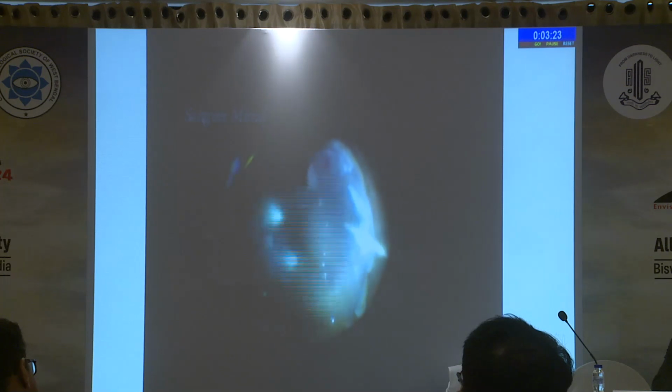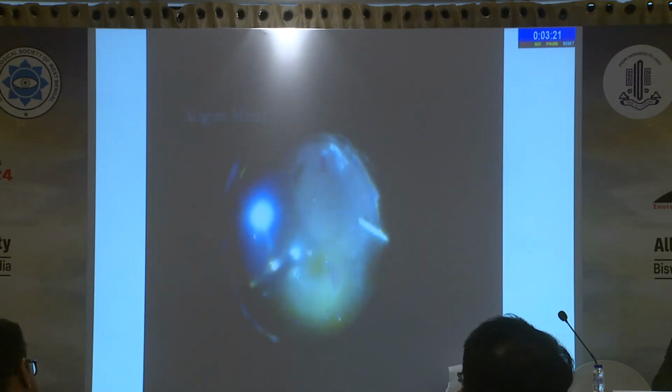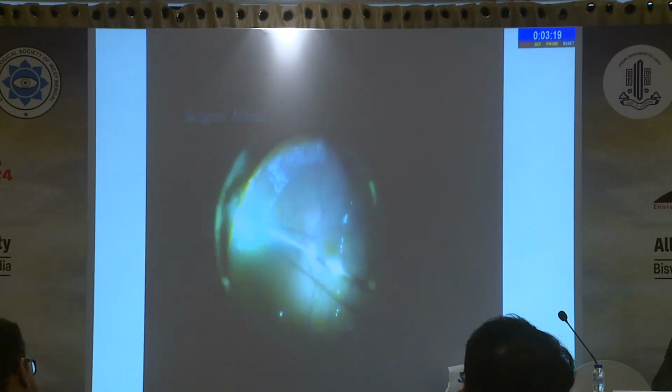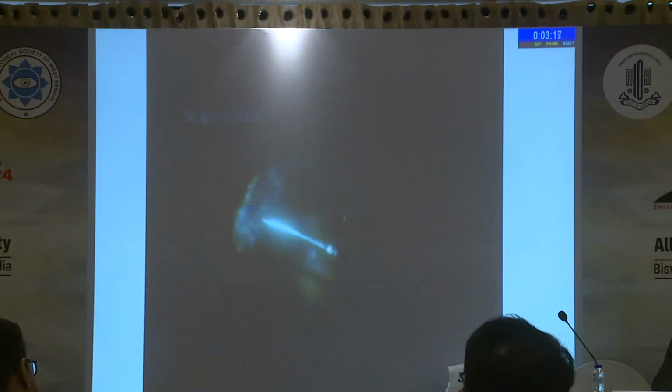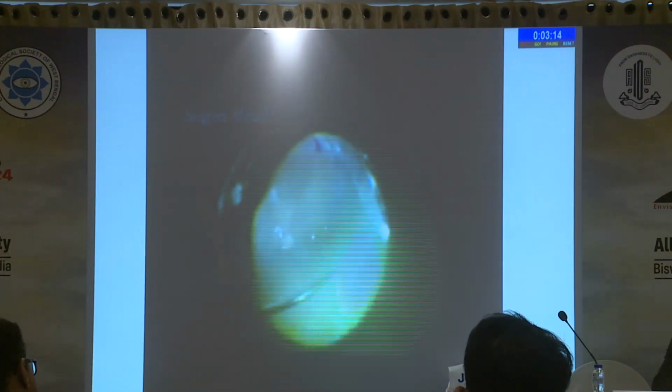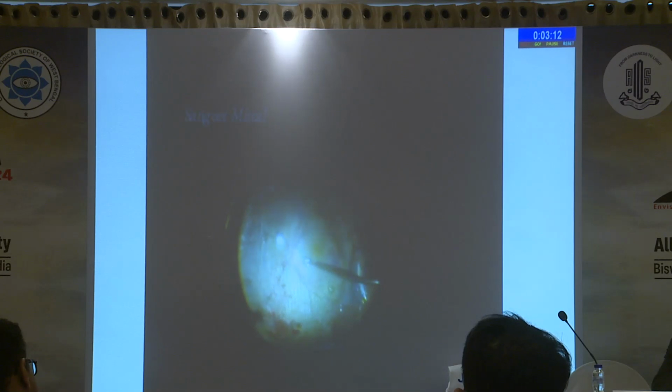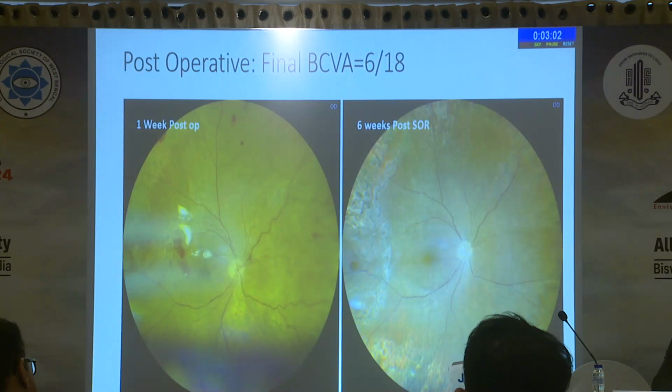PFCL was used to flatten the retina and 360-degree peripheral barrage laser was done. A direct PFCL silicone oil exchange was done. So these are the final post-operative pictures of this patient.